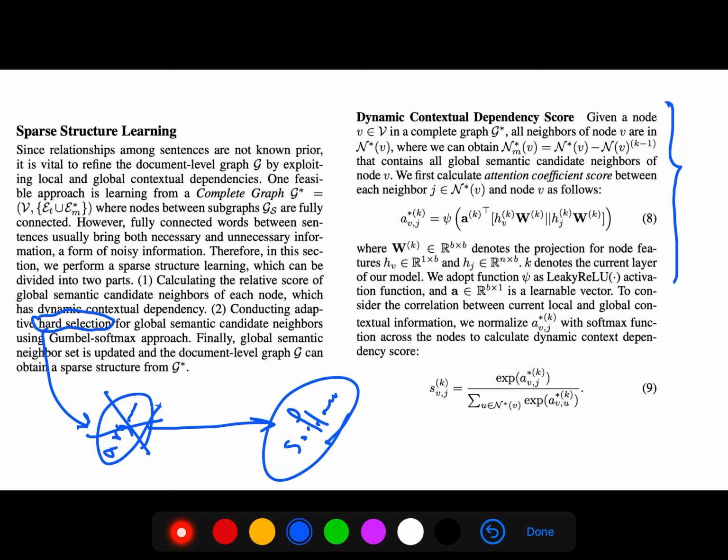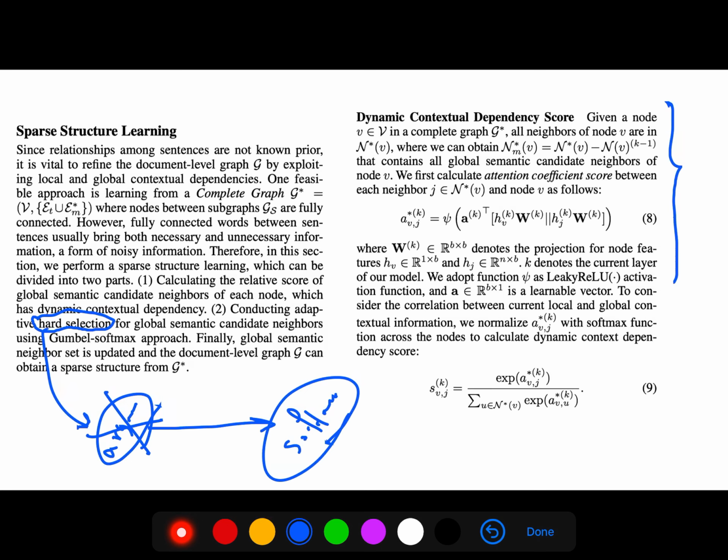And then for the dynamic contextual dependency score, given a node, we can obtain the neighbors of this global semantic information that contain all global semantic candidate neighbors.